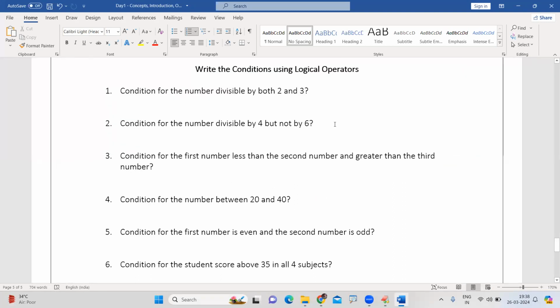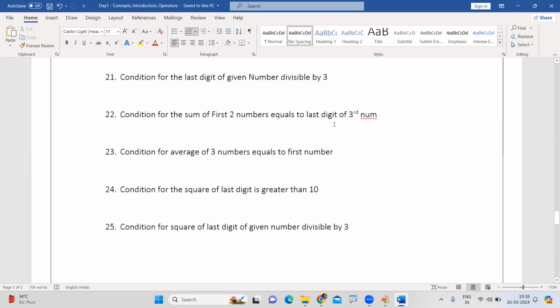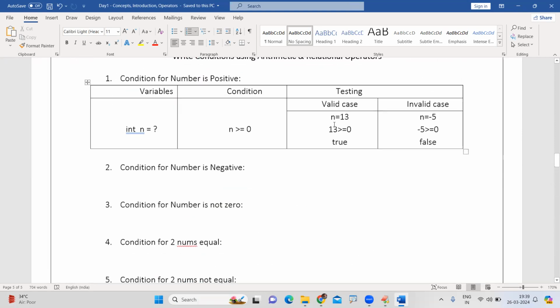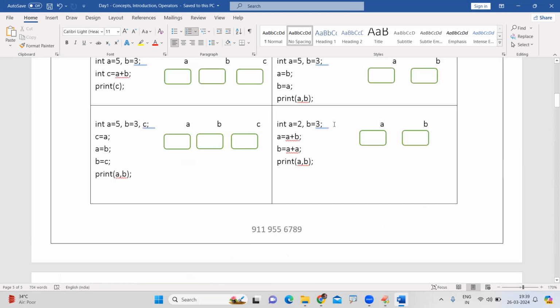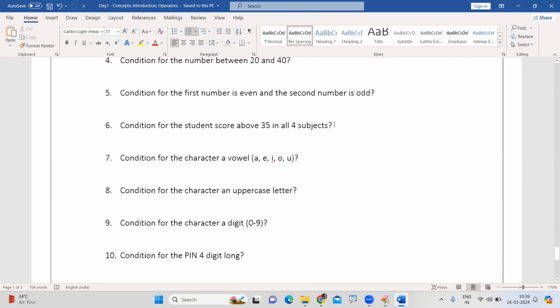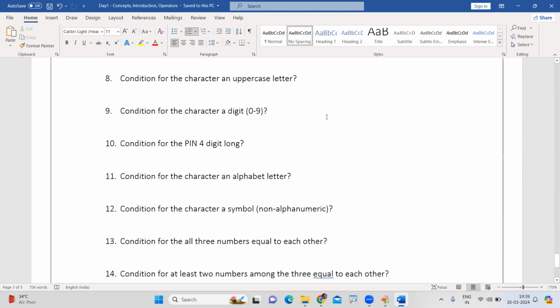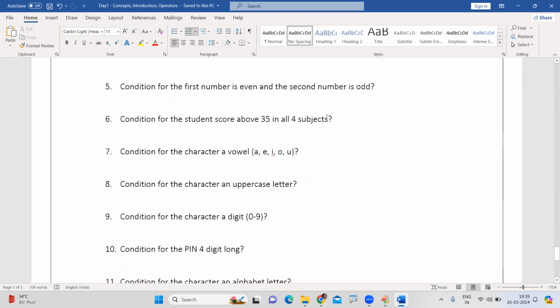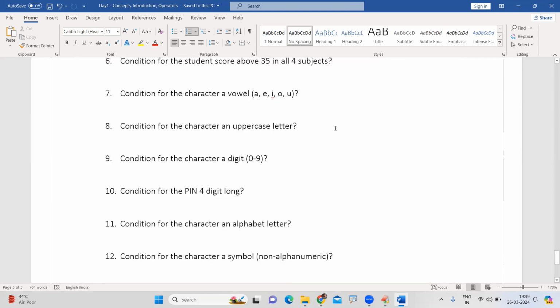Today, I'll share this document. You need to complete all these things in the document, and everyone needs to copy paste every answer in the chat box. I'll share the complete documentation every day, documentation like this only, on conditional statements and everything. But today you need to complete this one.